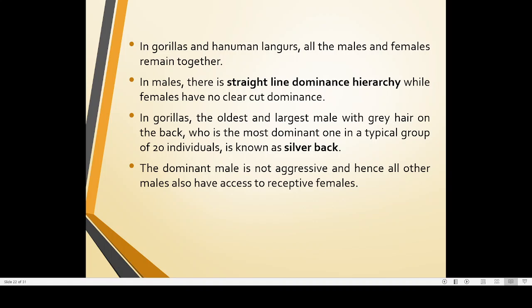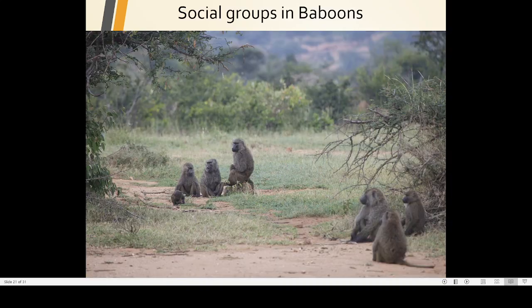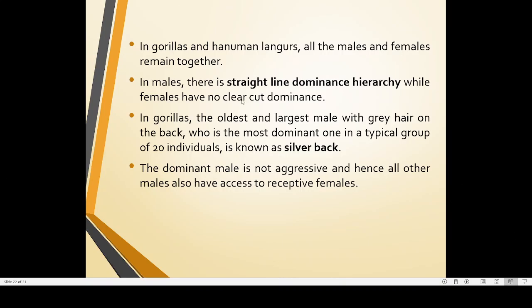Sometimes in some groupings, older members may be considered more respected. For example, in gorilla, the oldest and largest male, with the gray hair on the back, is always considered the dominant one, and he is known as the silverback because they have silver hairs.